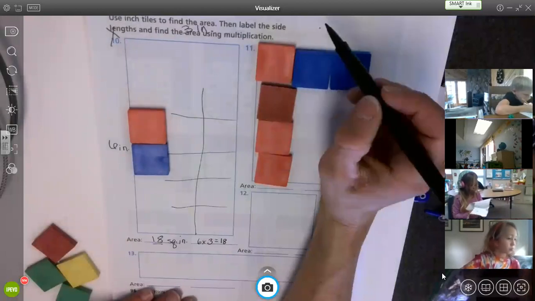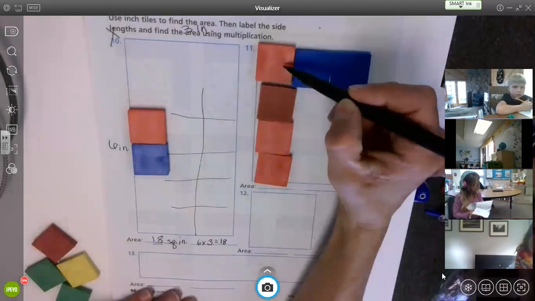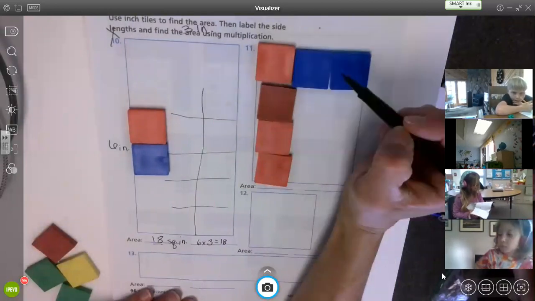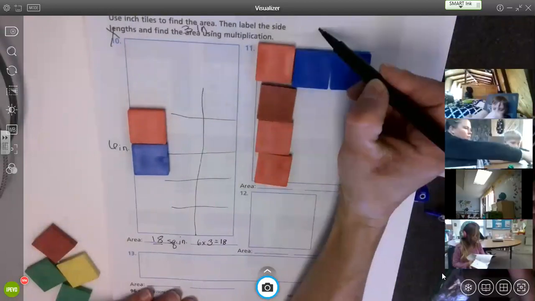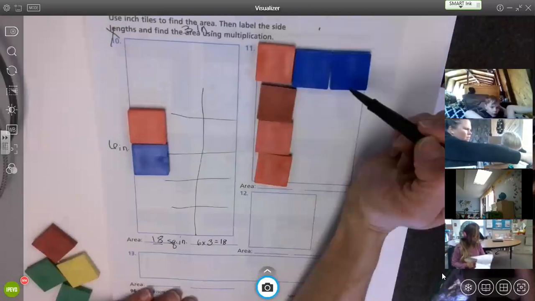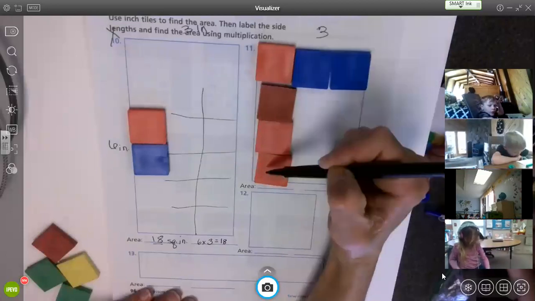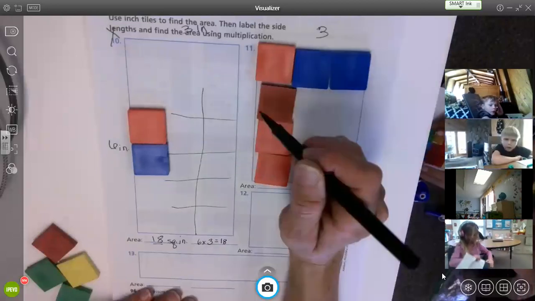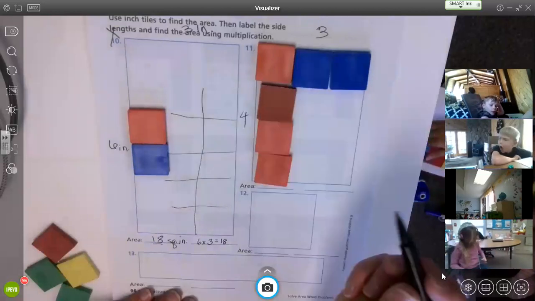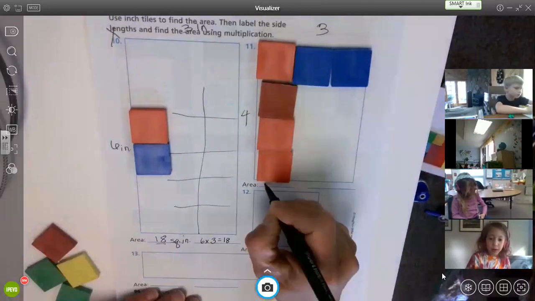How many are across, Gavin? How many tiles across? Can you see, buddy? Three, okay. How many are down vertically? 4. So did you find the area? Yeah. What was it? 3 and 4.